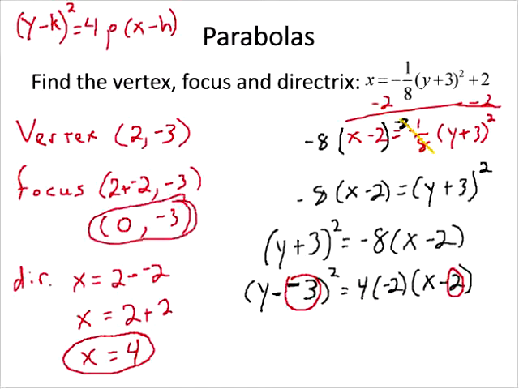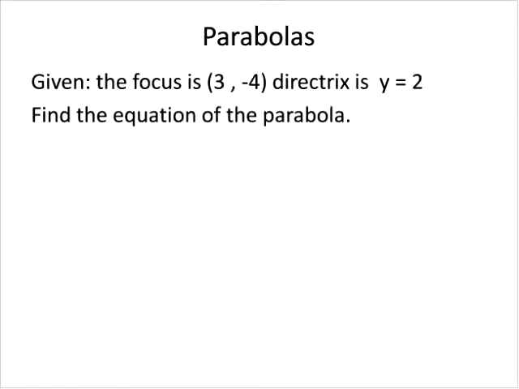There's our directrix. There's our focus. And there's our vertex. And again, this p is negative. That one's going to open out to the left. All right, let's do one more example for parabolas, and then we'll stop.